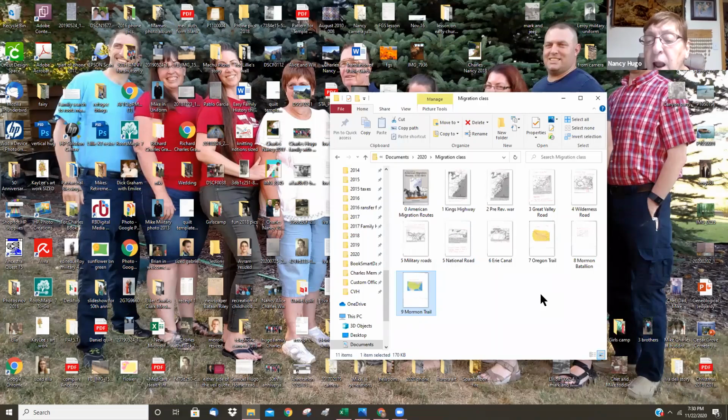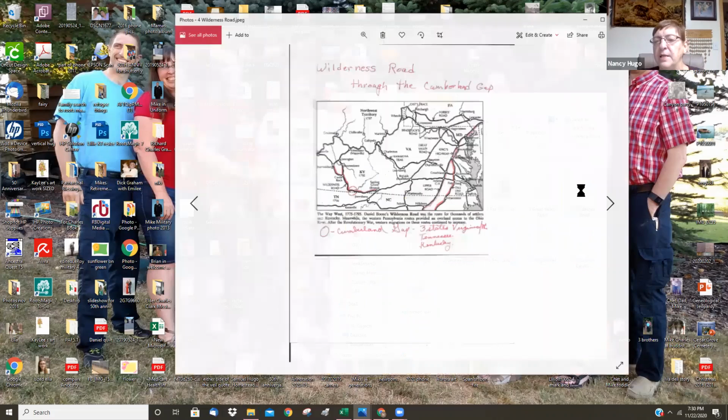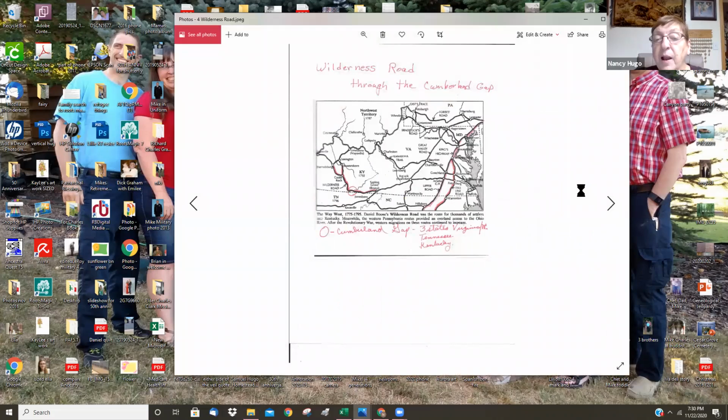Now, when I got my DNA back, one of the things that showed up is that it groups you by communities when possible. And one of my communities was people who went from Kentucky into Illinois.